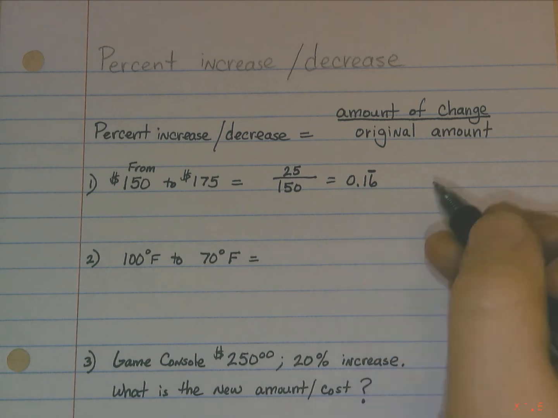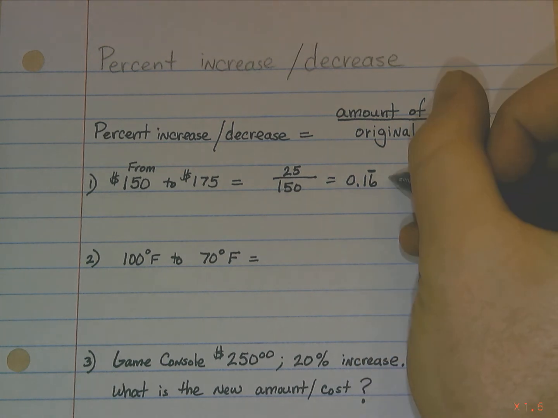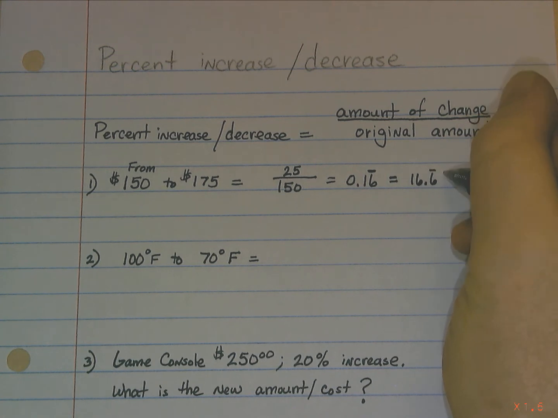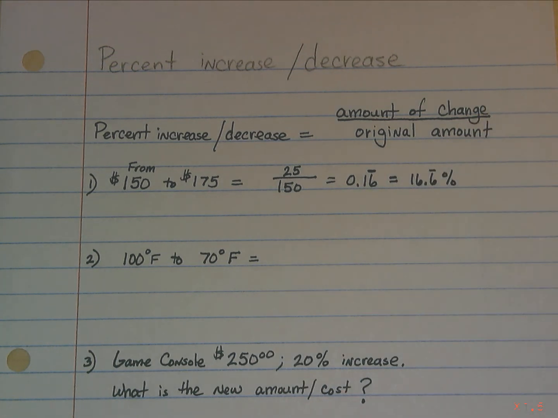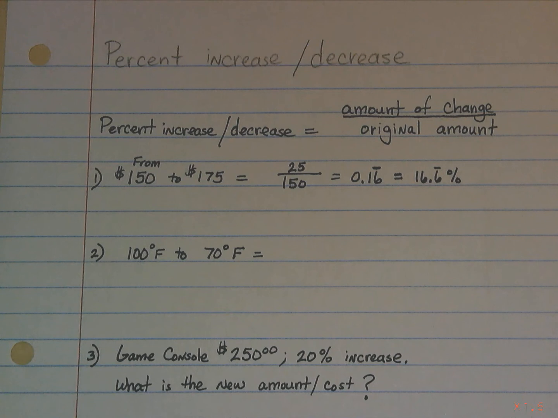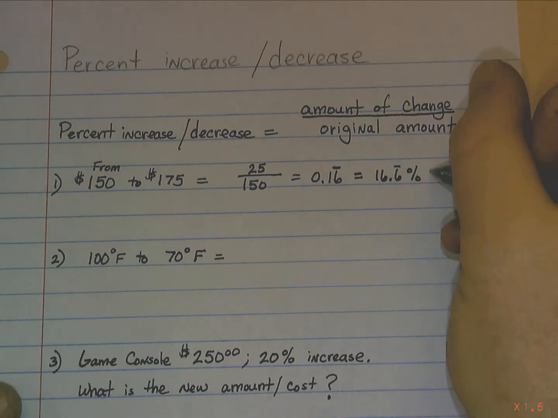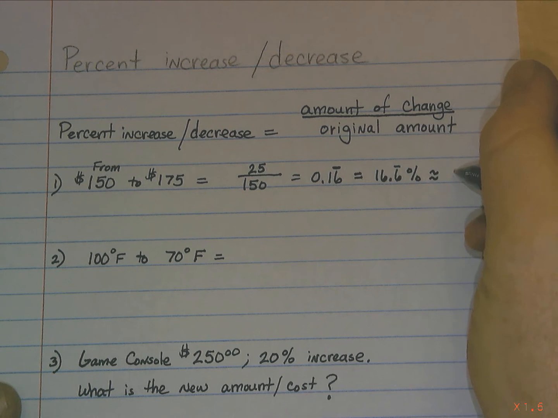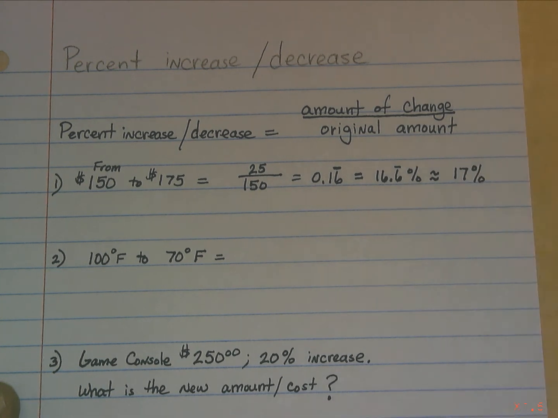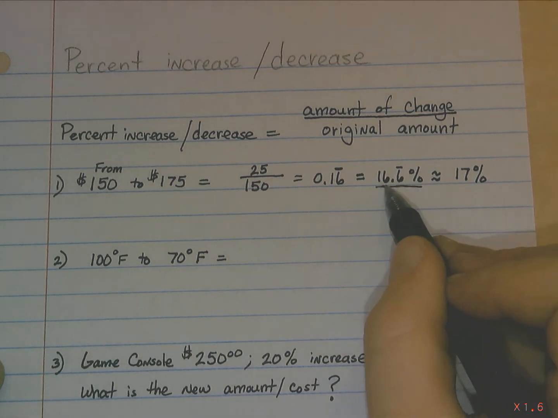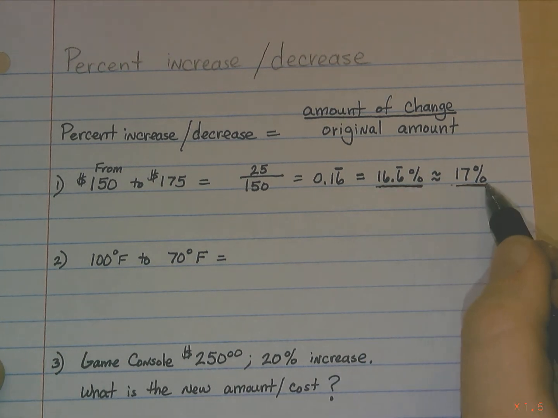So it's going to be 16.6 repeating percentage. But if you wanted to round it off to the nearest whole number, we can say it's approximately equal to about 17%. Okay, so either one of those would be correct. You could either say it this way, or we could say it this way, 17%.